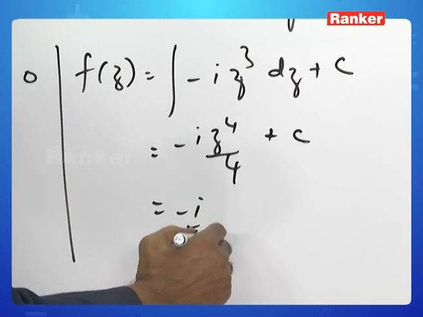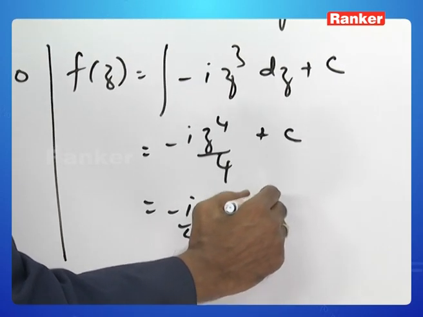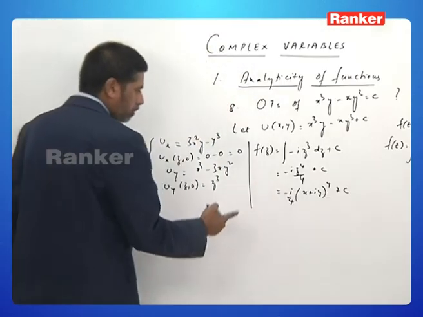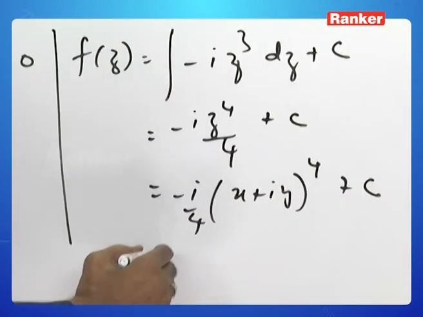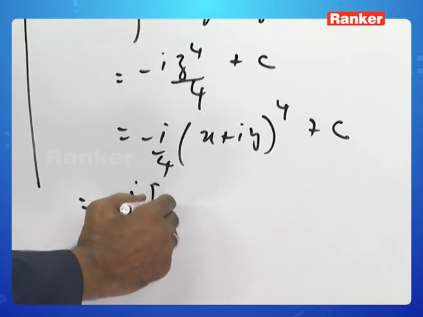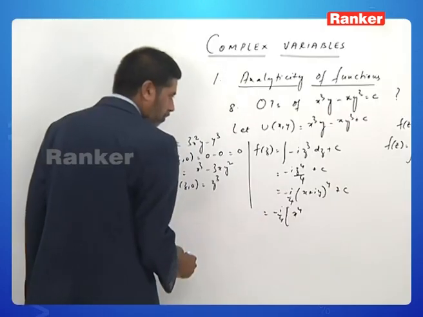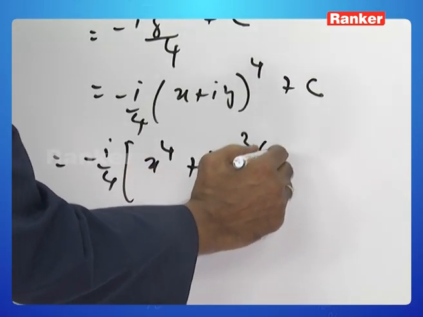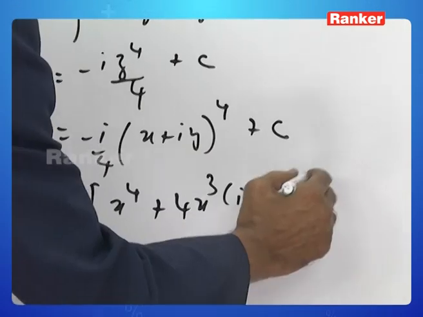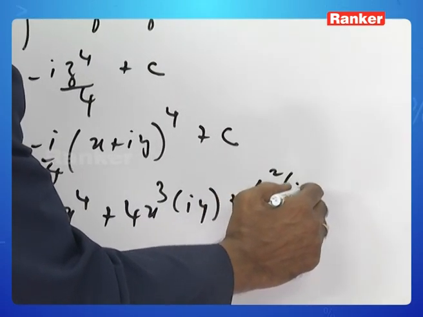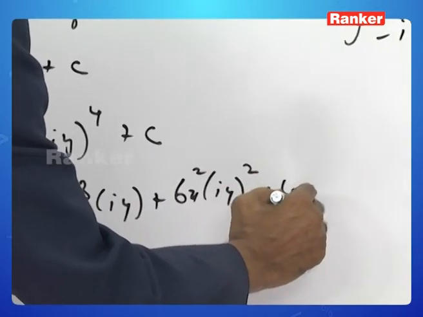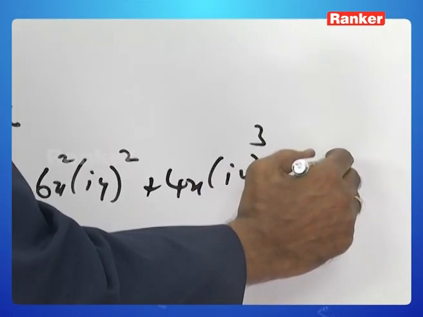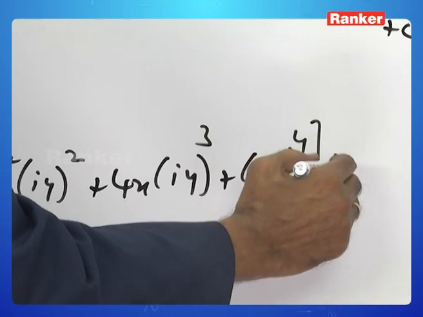So this is minus i by 4 into x plus iy to the power of 4. You can give a binomial expansion here. So minus i by 4 into x power 4 plus 4x cube into iy plus 6x squared into iy whole squared plus 4x into iy whole cube plus iy to the power of 4 plus constant.